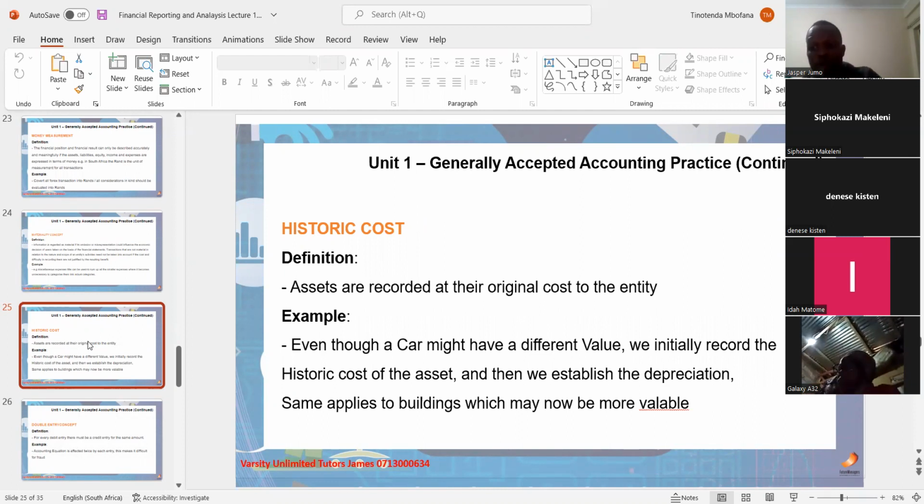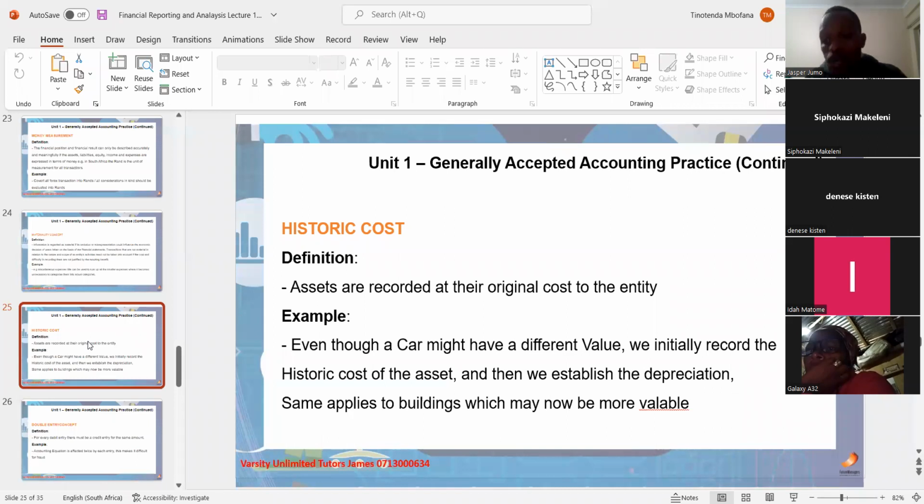So if we buy a building for our company in 2000, and it cost us 300,000 rand, in the balance sheet, the statement of financial position, that's what we are going to write, that this building is 300,000. Yes, we can add extra things and whatnot, but the cost of the building is 300,000 rand. We start from that point, then go forward and do whatever we want to do.